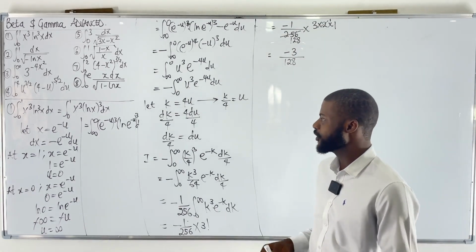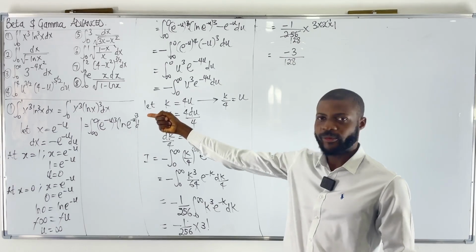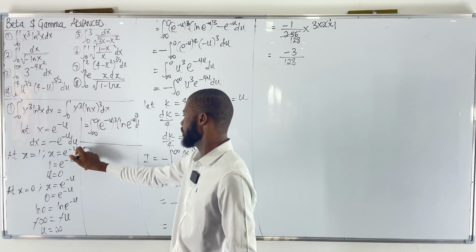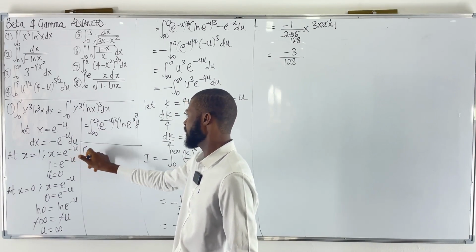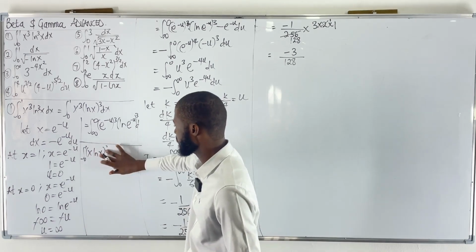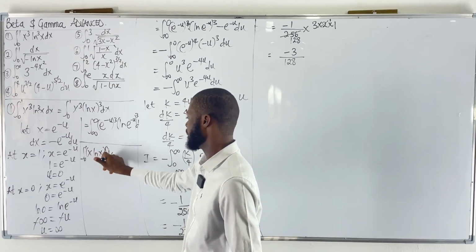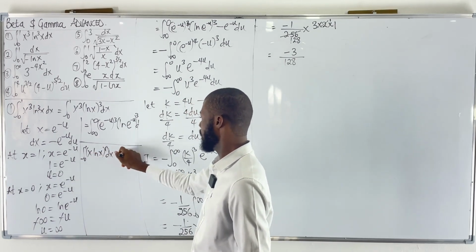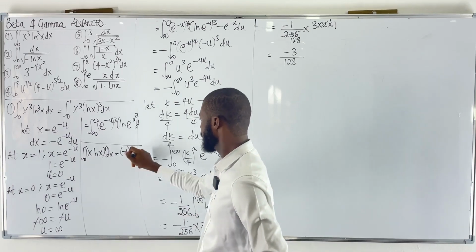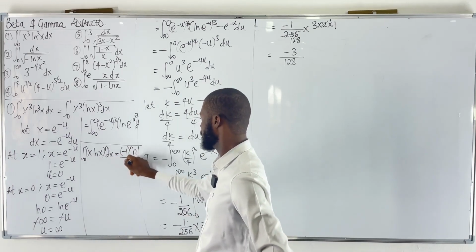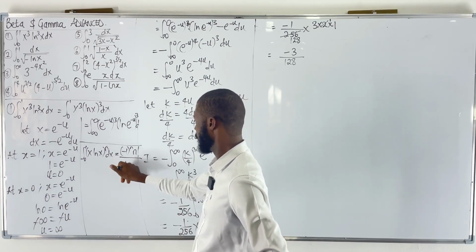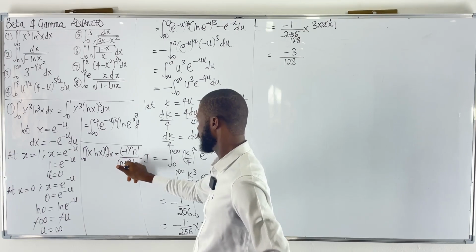In fact, do you know that this is actually a standard form? You can be asked to prove something like this. You can be asked to prove that the integral from 0 to 1 of x ln x all to the power of n dx is equal to minus 1 all to the power of n, n factorial divided by n plus 1 factorial.